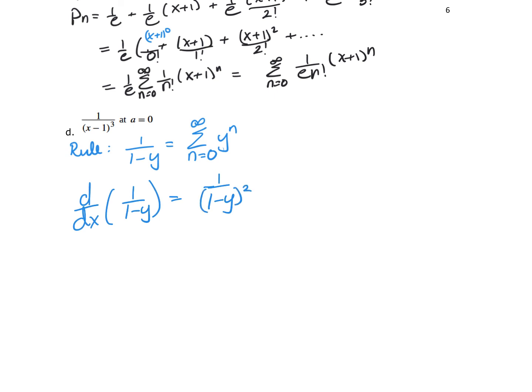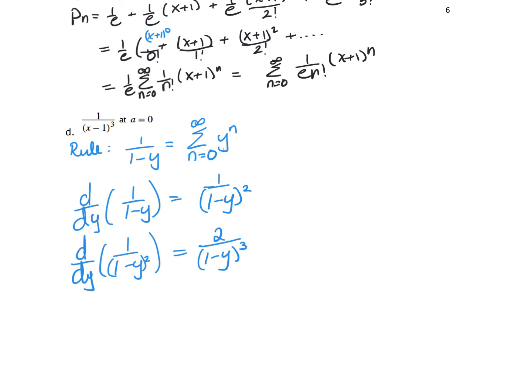Now if I do the second derivative, d/dy, and this is y, so I'm doing it generically, of 1 over (1 minus y) squared, I'm going to get 2 over (1 minus y) cubed, which kind of looks like what I have.